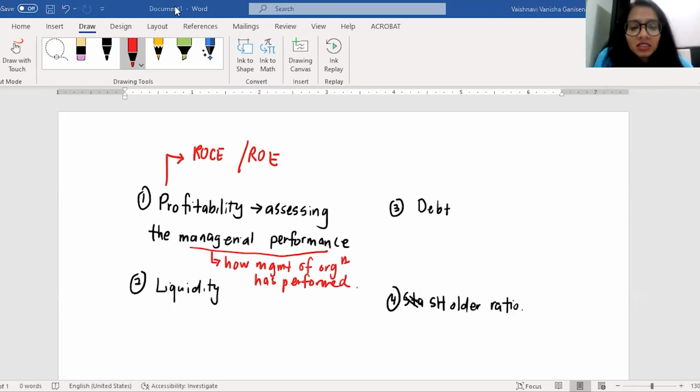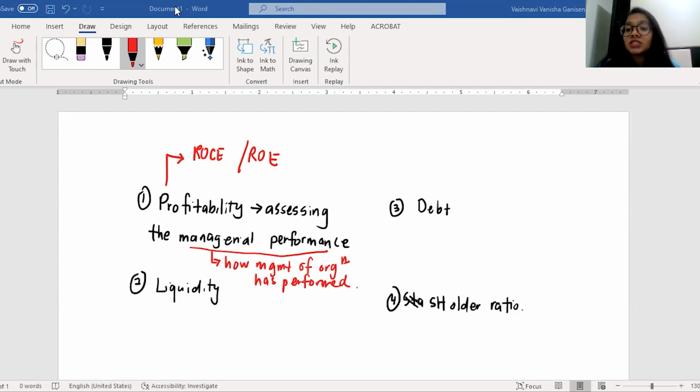So, what is the liquidity ratio all about? The liquidity ratio is important for an organization because what you are assessing in the liquidity ratio will help to provide important information for the company's supplier and customer. Why is it important? Because the supplier and customer would want to see whether the company is in an appropriate liquidity position.